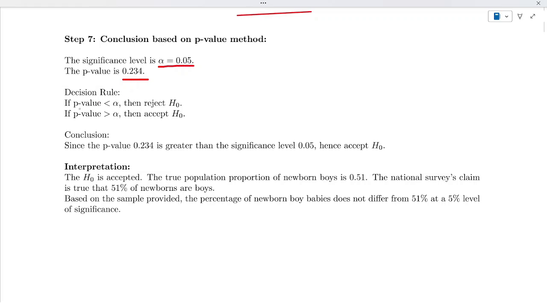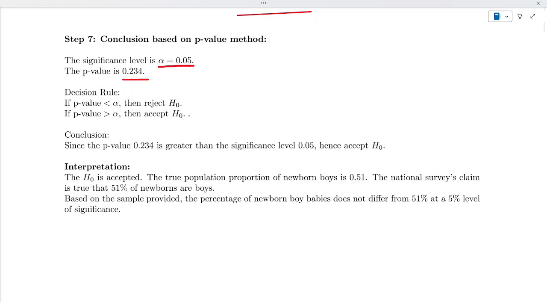In the p-value method, the decision rule is: if p-value is less than alpha, then reject H naught. If p-value is greater than alpha, then accept H naught. So what we see here, since the p-value 0.234 is greater than the significance level 0.05, hence accept H naught.